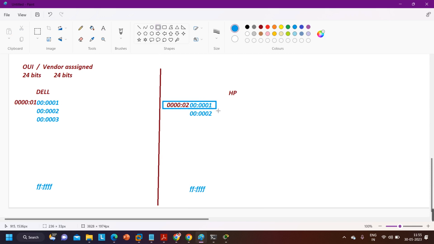Yes or no? Because of OUI. So this is how our MAC address is globally unique.